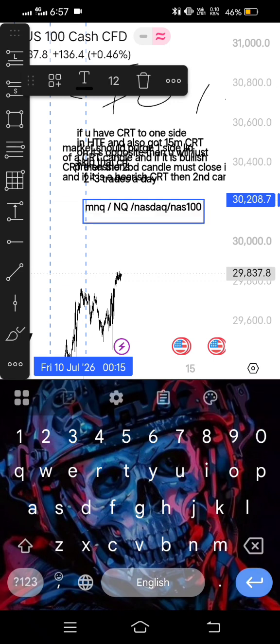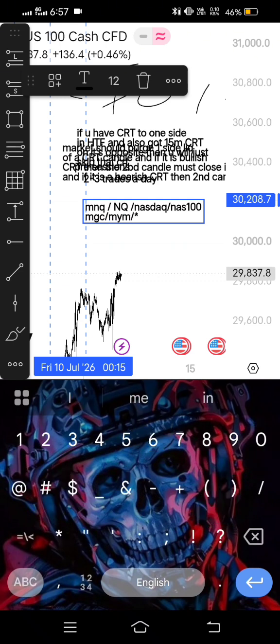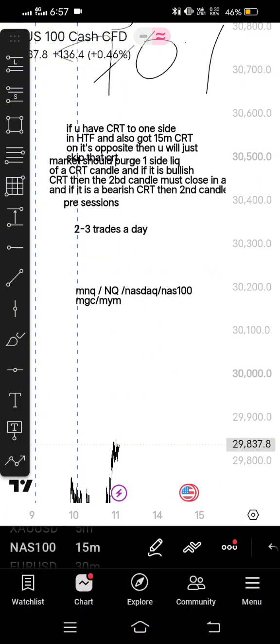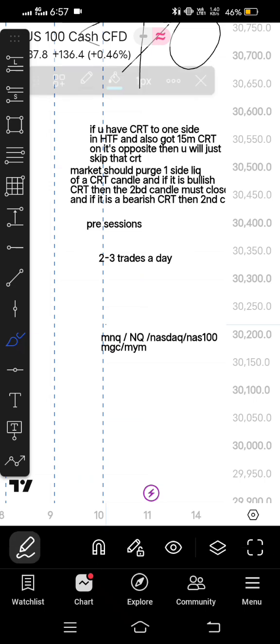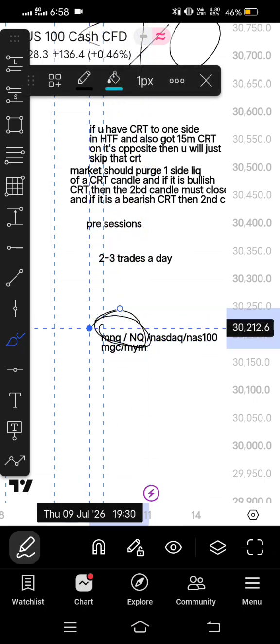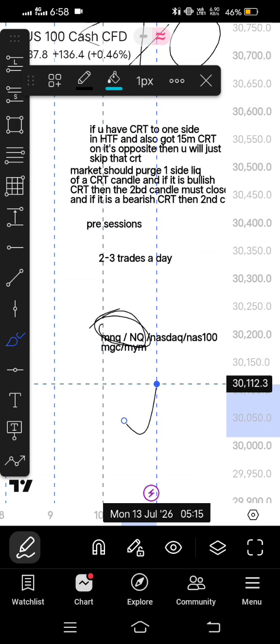It also works in MGC, which is a gold future, and you can also trade MYM, which is US30 in futures, but these pairs are best for this. I suggest MNQ and NQ for this strategy because it works best on these two. They are both the same, but MNQ is better for risk management and contract sizes.